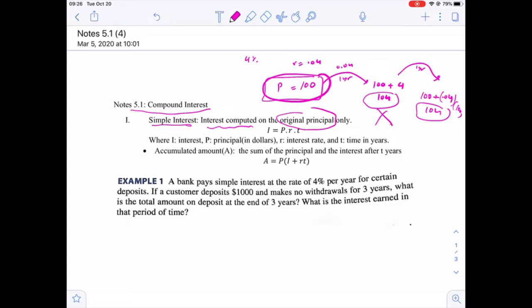After 1 year you get $4 on that amount, and the next year you get $4 on the original amount, so you get 104, and you already got 4 from the previous year, so you get the accumulated amount of 108. But every year you get $4 more. So that's what we mean by simple interest.